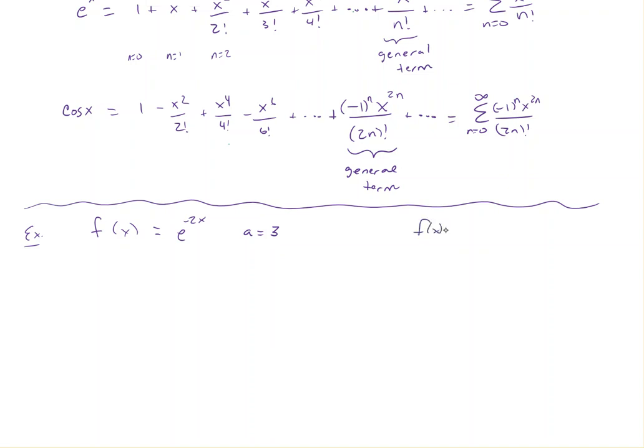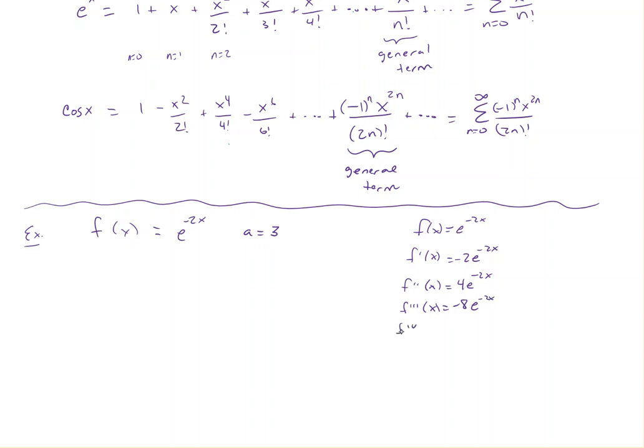So the first thing we have to do is figure out this function. And the question you may ask is, how many derivatives do I have to do before I start to see the pattern? And the fact of the matter is, you have to do as many as you need to until you start to see the pattern. And this is already feeling like it's going to be a lot of work. I feel like I may have upped the difficulty more than I wanted to, but that's okay.